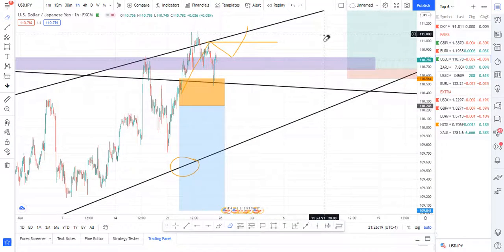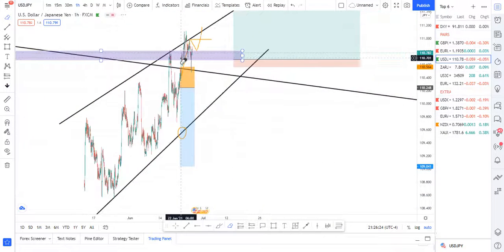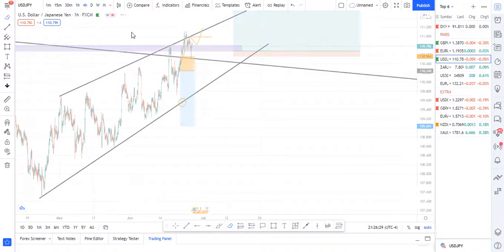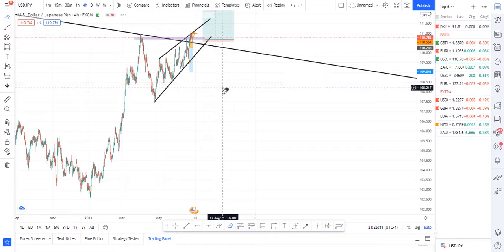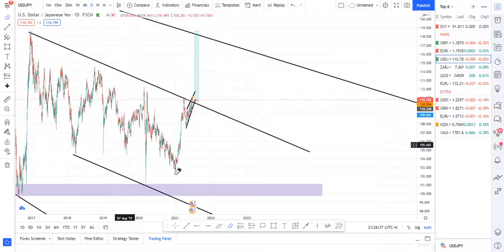So it could go to the top, but the only problem with that is we're in a channel that broke out of a resistance-like channel. So we're in a channel that's within a channel. As you can see, we're within a channel that's in a channel.